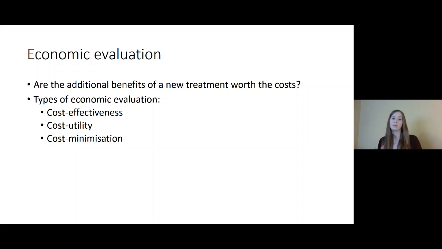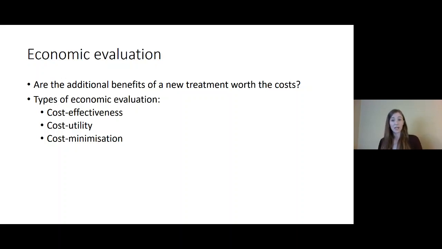That's really important because the comparator, the thing that's already happening, what we might call usual care, is going to really influence how cost effective the new treatment is. If the existing treatment is already really good, then maybe the new treatment, even if it's sort of good on paper, if it's not that much better, but it costs a lot more, there's not that much point paying for it, or it might be a lot harder to justify paying for it.